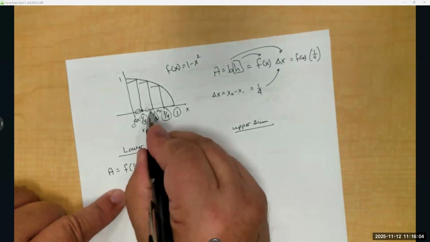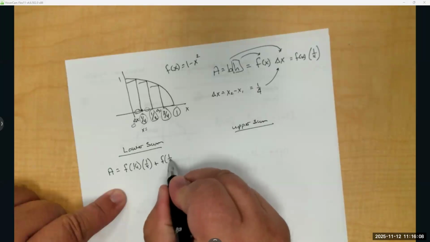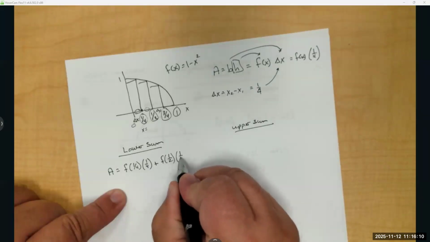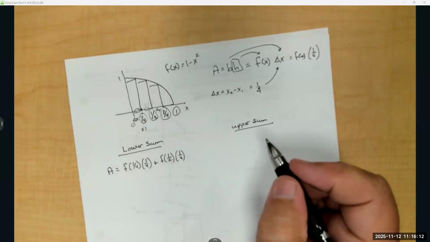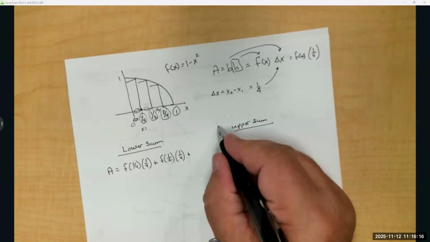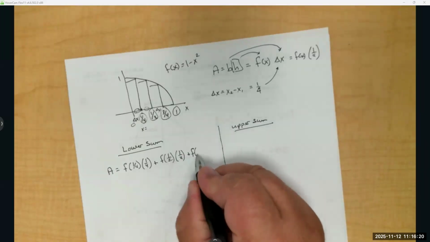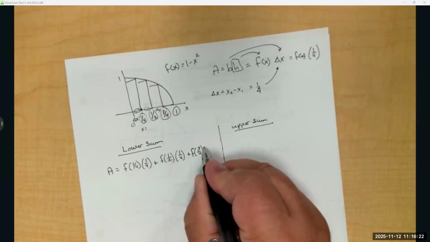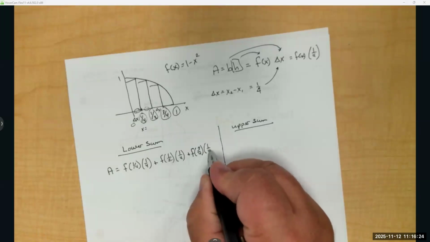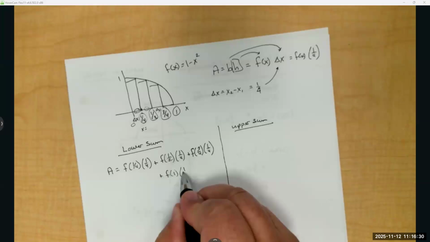Then I add the next one, f of 1/2 times 1/4. Then I add the next one, f of 3/4 times 1/4. Then I add f of 1 times 1/4.